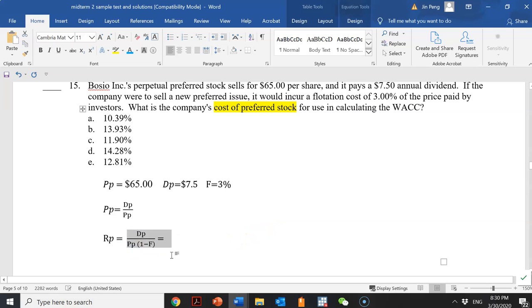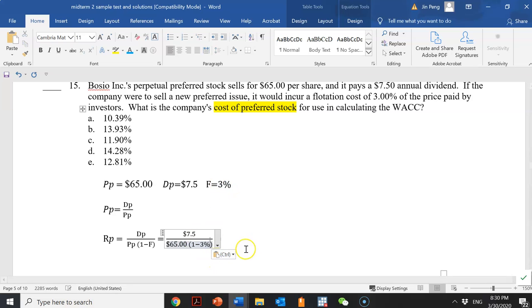So this gives us DP 7.5 divided by PP $65 multiplied by 1 minus 3%.